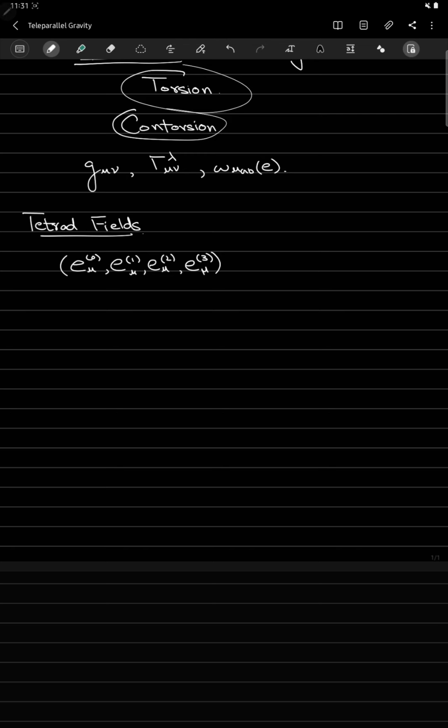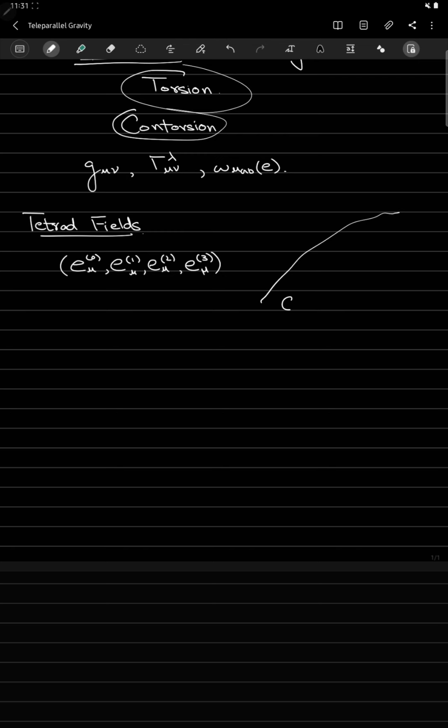And these are orthonormal, and they're linearly independent of each other in space-time. And these vector fields set up the local reference frame of an observer that moves along some trajectory c, right?